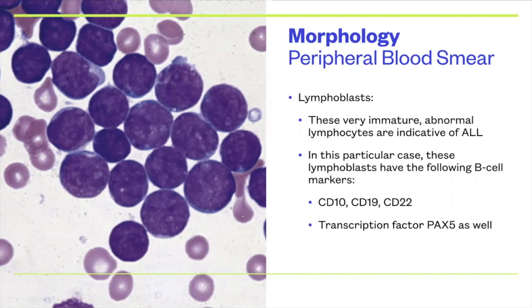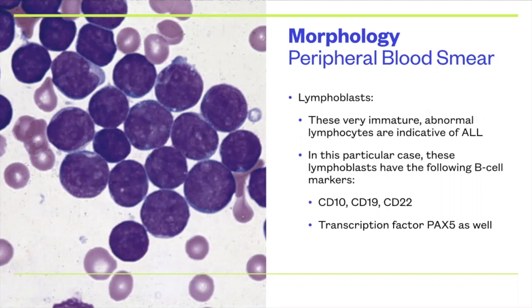We need to know if these are actual lymphoblasts. In some cases, these might look like myeloblasts or promyelocytes. There are some morphological differences. For example, promyelocytes are going to have Auer rods. Any of the precursor myeloid cells are going to have granules. They're granulocytic, right? So this pretty much looks like a lymphoblast. However, I need to know if it's a B cell or T cell.